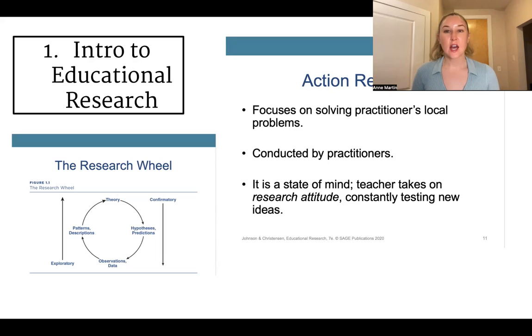So this is a cycle that teachers do often intuitively, but action research is making it using the science, using empiricism to help you make sure that those processes are identifying the things that you hope to identify.